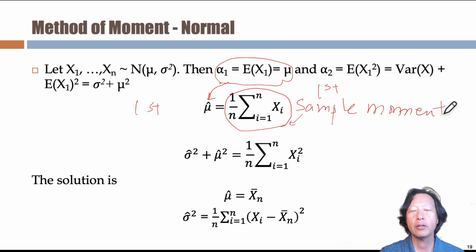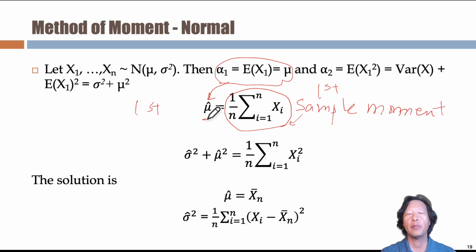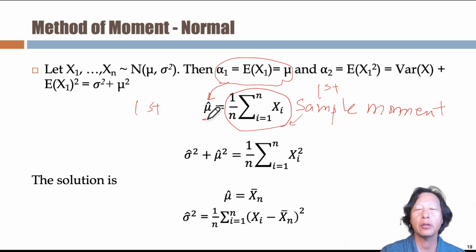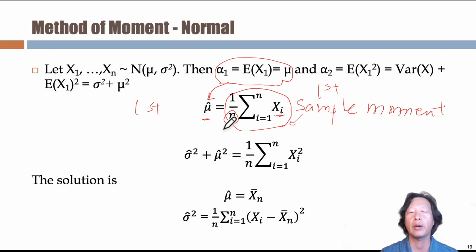So what is the estimate of mu? It will be just the summation of all the sample variables x divided by the total number n. Again, this is quite intuitive. How would you estimate the population mean? The sample mean.